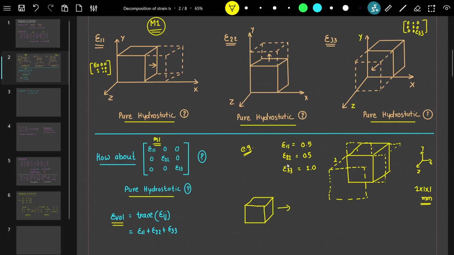With this, x will be 1.5, y direction will be 1.5, so this 1 by 1 mm will become 1.5 by 1.5, whereas z direction will be 2 mm.